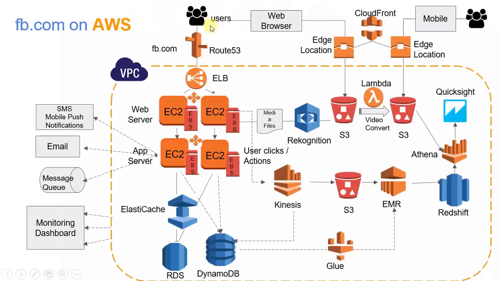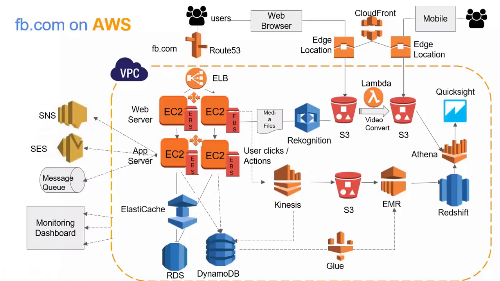Now let's talk about this side. As I said, you need to send text messages and mobile push notifications. In Amazon there is a service called SNS, Simple Notification Service, for that. And if you want to send emails, bulk email, then there is the SES service, Simple Email Service.